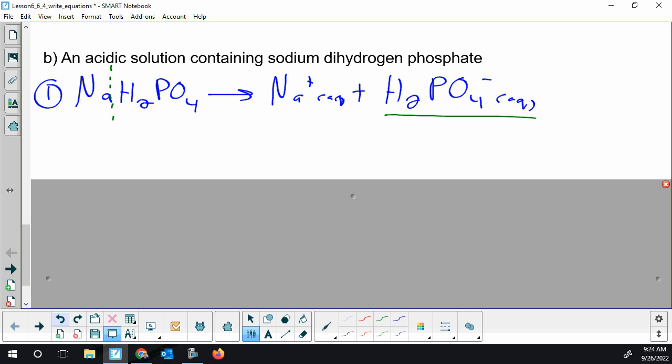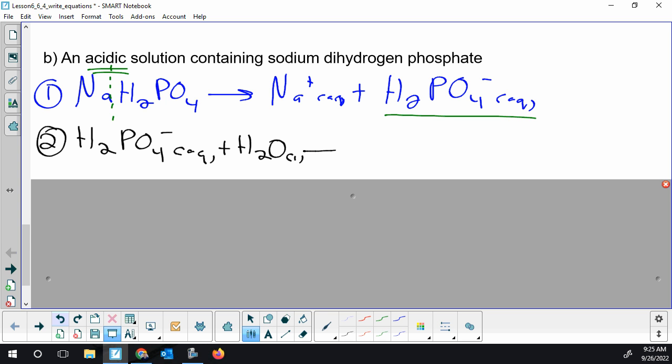So we have our species that must be an acid because we're told we're going to get an acidic solution. So H2PO4 minus is going to react with water, liquid water. That's an acid. Acids are going to lose an H and make hydronium.